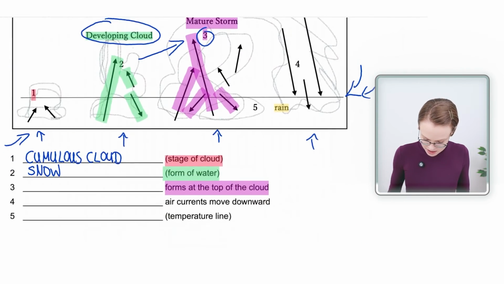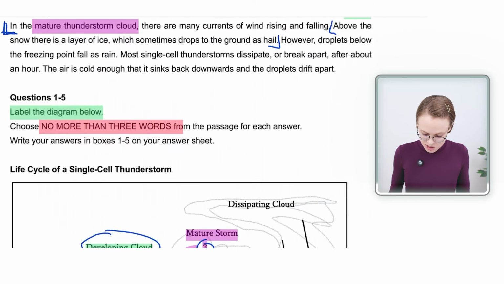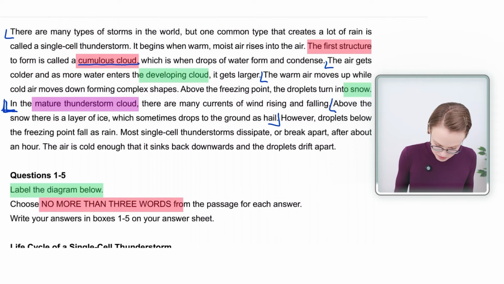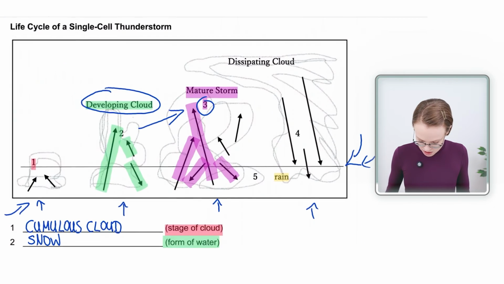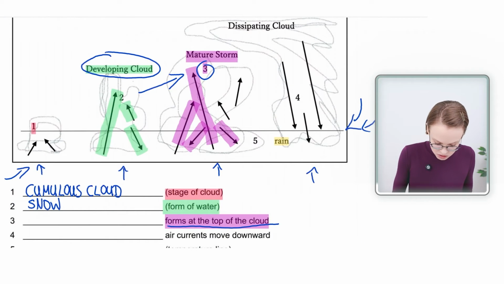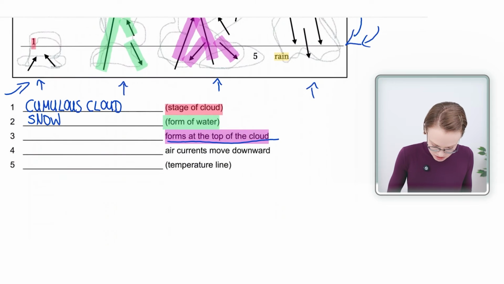And here it says, forms at the top of the cloud. So what can be the only reasonable answer? It's ice. Because this is what is above the snow and forms at the top of the cloud. So I'm going to write down ice here.